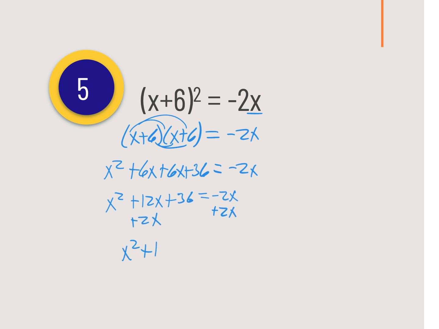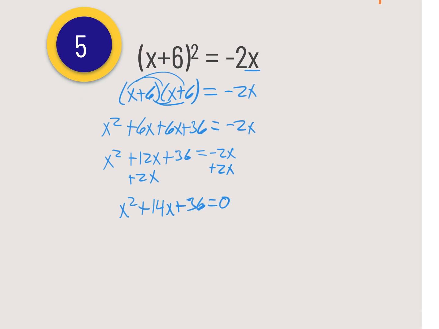We should get x squared plus 14x plus 36 equals 0. And now let's label, right? Now it's in standard form, and now the entire thing is set equal to 0. We get a equals 1, b equals 14, and c equals 36.